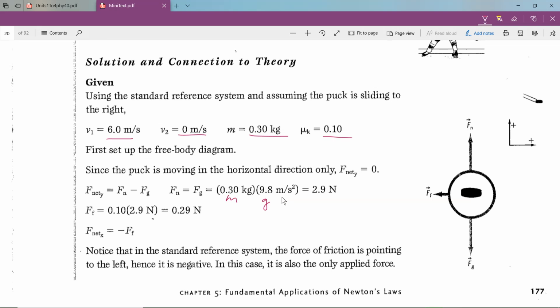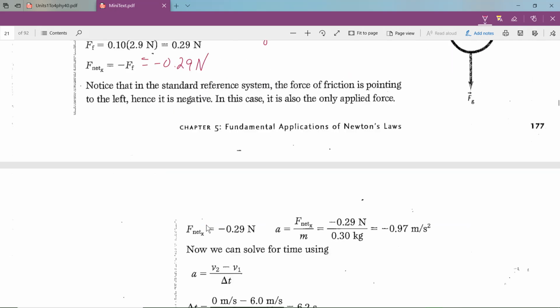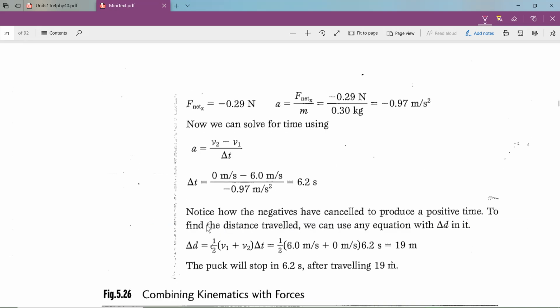So my x component, force of friction, is minus 0.29 newtons, right? It's opposing the motion, so that's why I have a negative sign there. So that is my net force, negative 0.29 newtons. Now I can get the acceleration. It is going to be negative 0.29 over the mass of the puck, negative 0.97 meters per second squared.